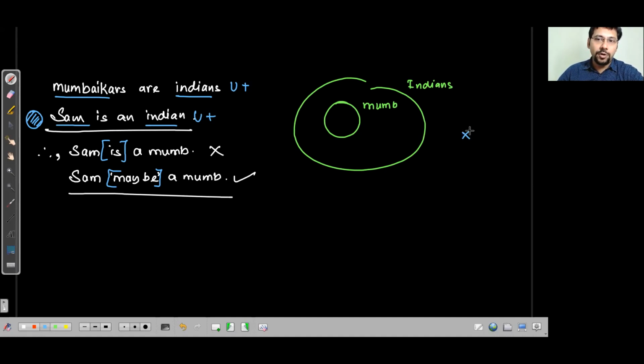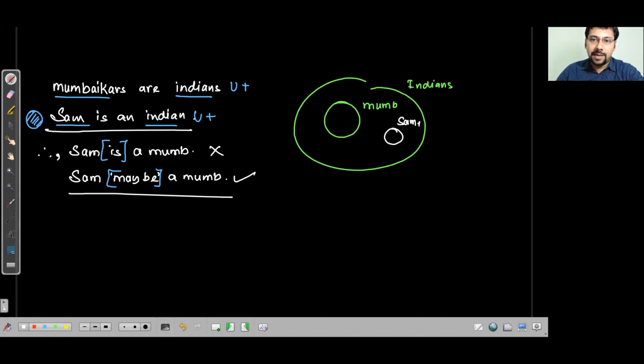Sam is definitely not going to be outside. But why do logical possibilities arise? Because I have no idea where Sam as a set is. It is definitely inside Indian, but where?